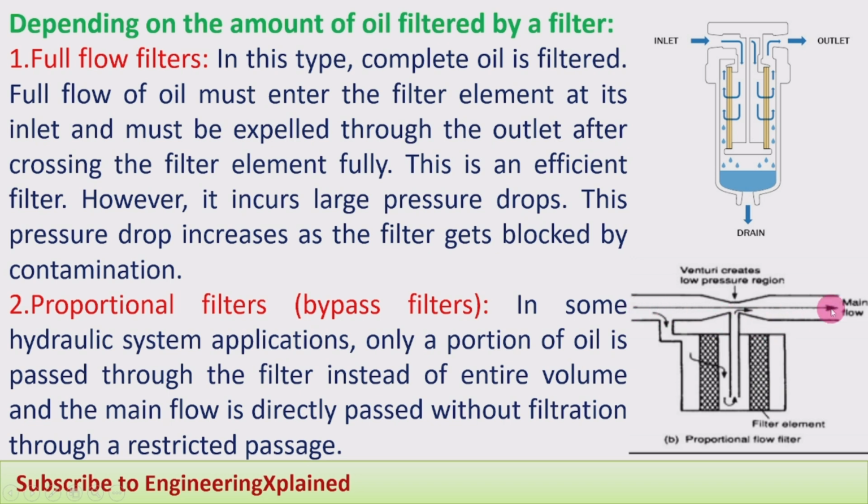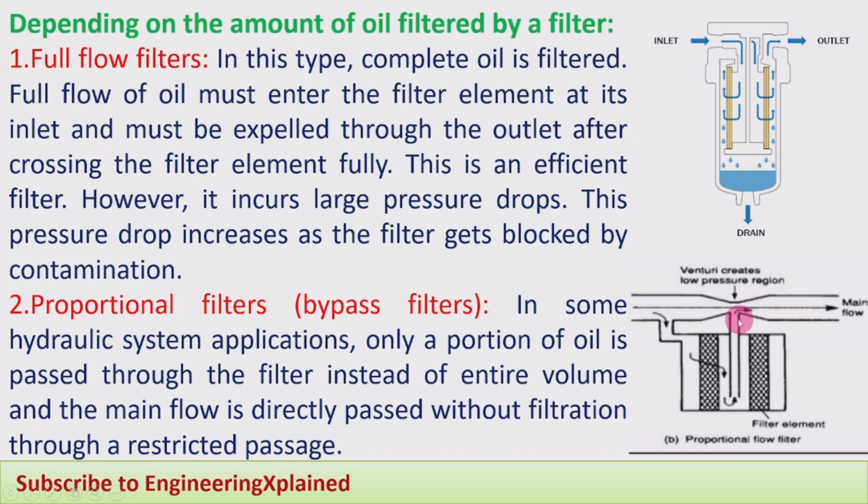This is the main line, and part of the oil enters the filter here and passes through the filtering material, and then moves in the upward direction where the venturi is used. The venturi creates a lower pressure so that the filtered oil also enters the main system.